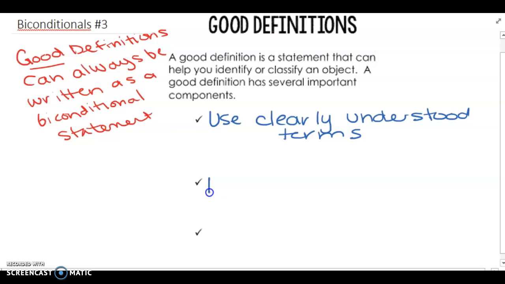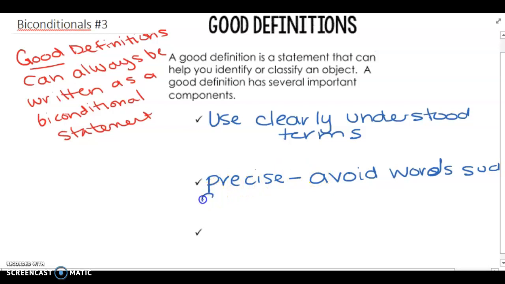We also are using precise words. Okay, we avoid words such as large, sort of, almost. Okay, those are kind of vague words. We want to be very precise and very intentional with our word choice.